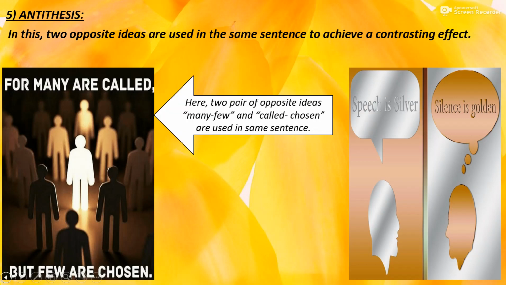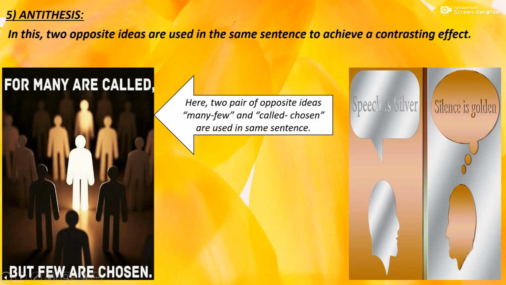In the first example, the opposite ideas, many and few, and again called and chosen, are used in the same sentence. Since we have a pair, or you can say in this case two pairs of opposite words appearing in the same sentence, the sentence falls under the category of antithesis.